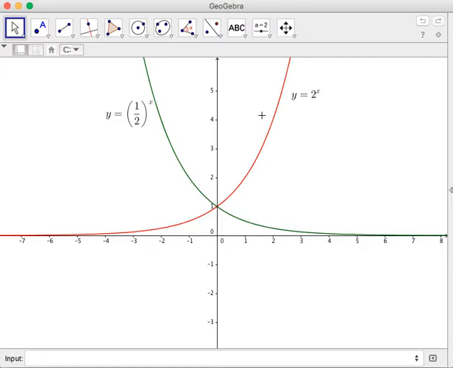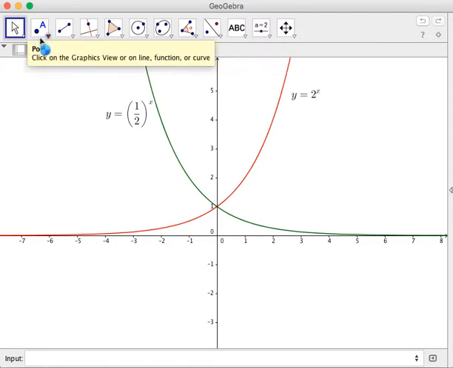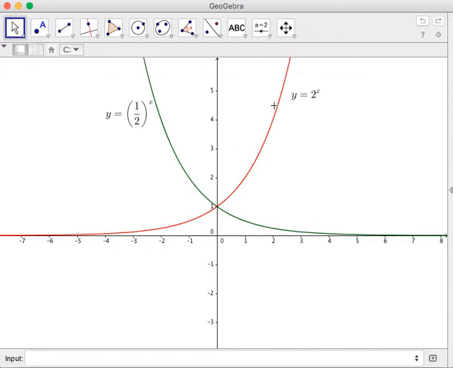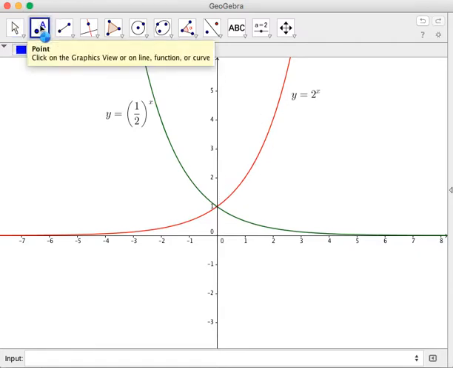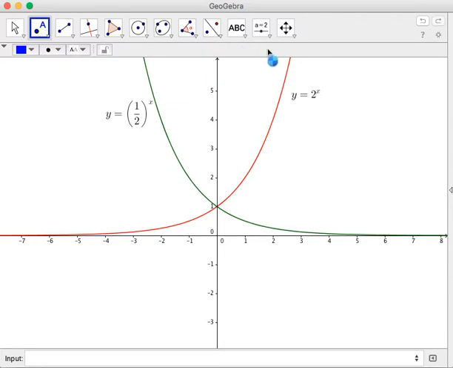Now, how do we know? There are tools. You can explore it yourself and read off points, but we have a high-tech way, so maybe we can just use that. Suppose we put a point on the graph of 1/2 raised to x.